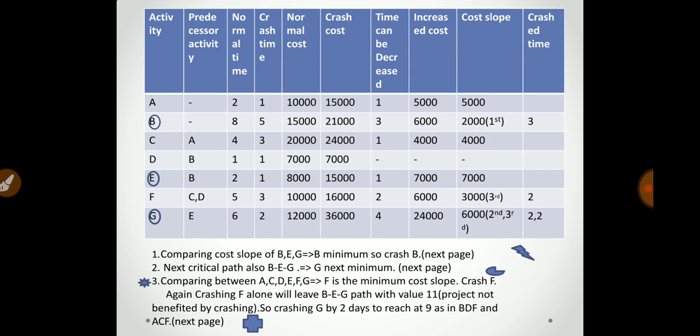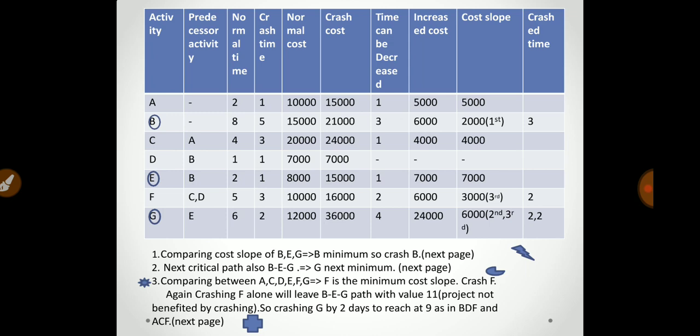So comparing the cost slopes on BEG, B is the minimum, so crash B. The next critical path is also BEG, so G is the next minimum.